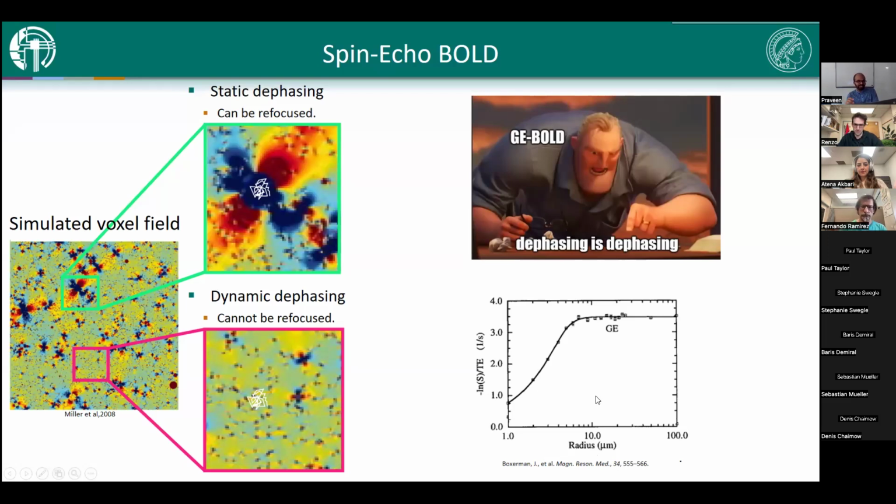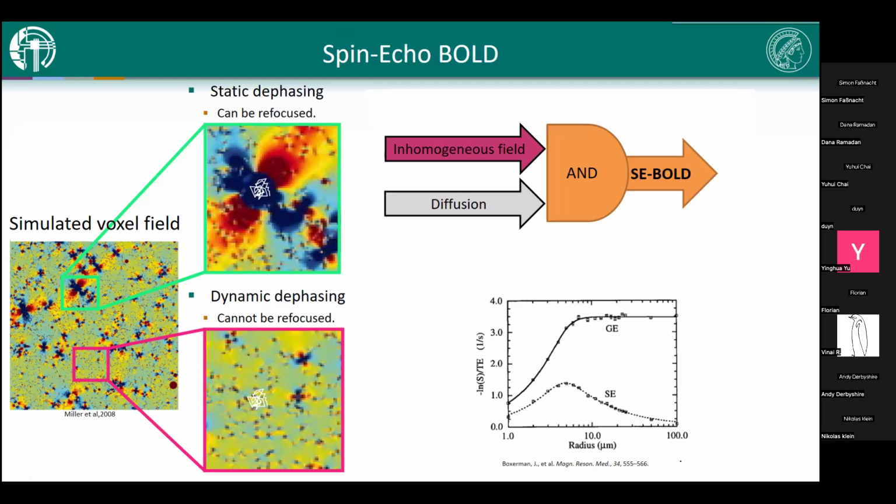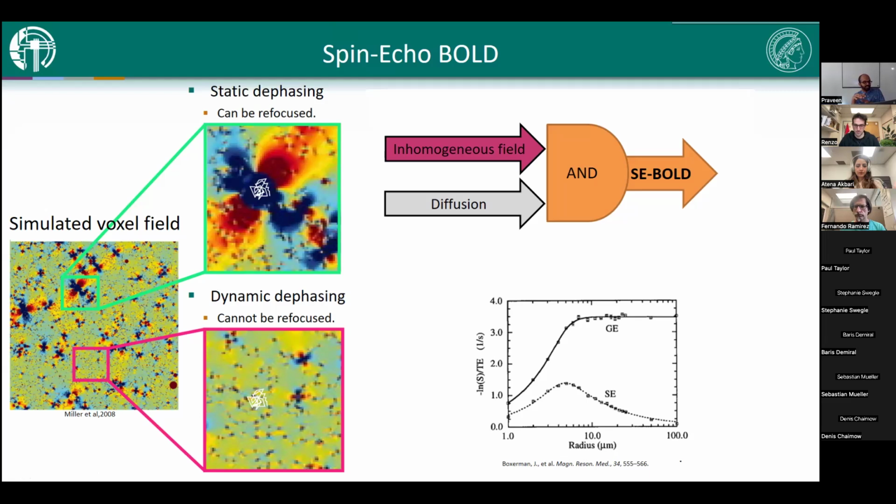And things get interesting when you apply a refocusing pulse. The static dephasing caused by the larger vessels is usually refocused because the spin stays in the same field environment. But in case of dynamic dephasing, you have water protons which are diffusing all around the place with different fields. So you can't really refocus them.